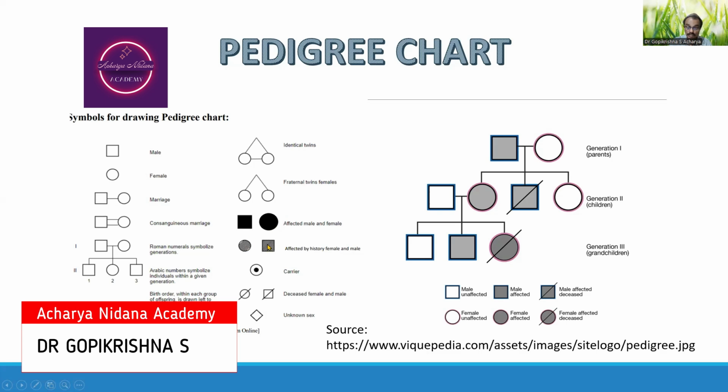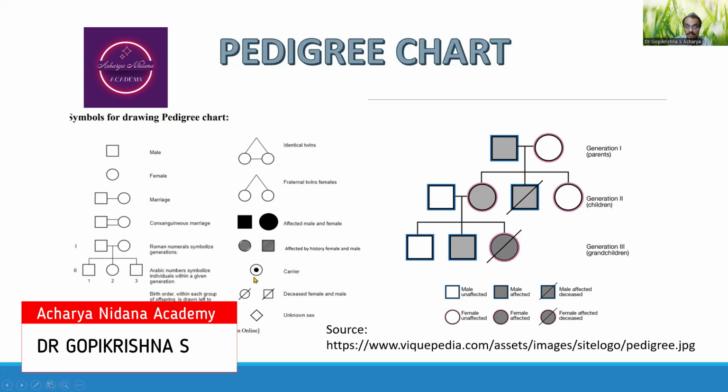If a cross is given, it is suggestive of a history of the disease. In the case of males and females, that means they do not have the disease, but they had the history of the disease.